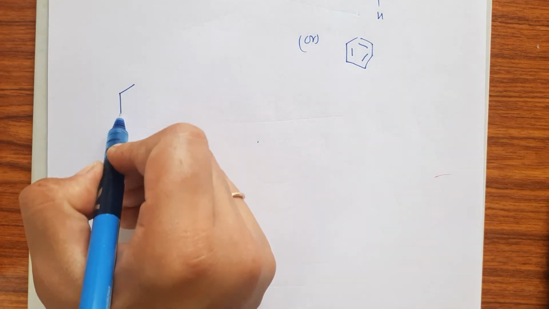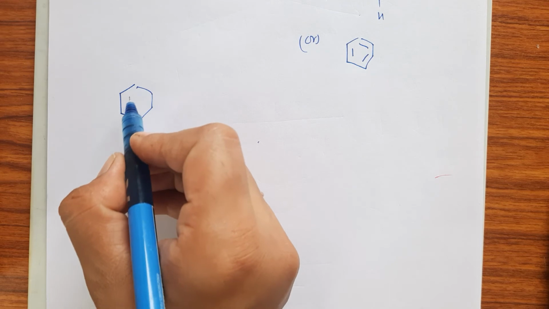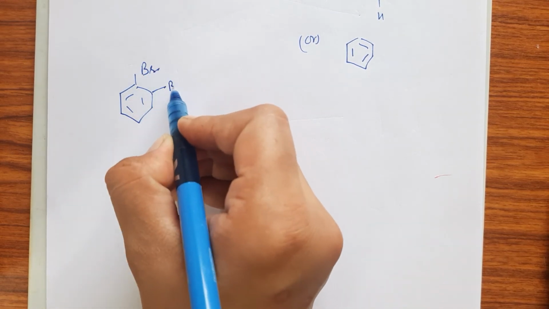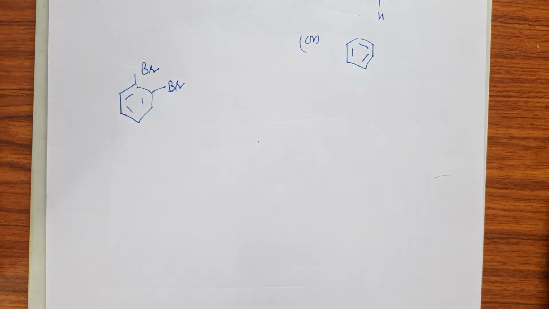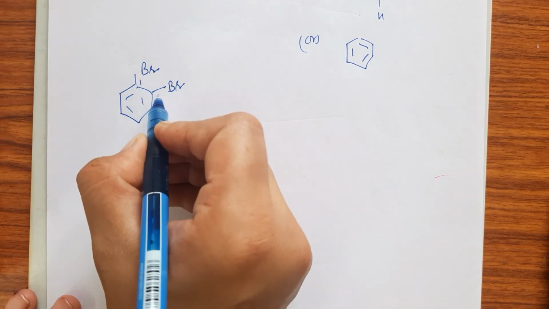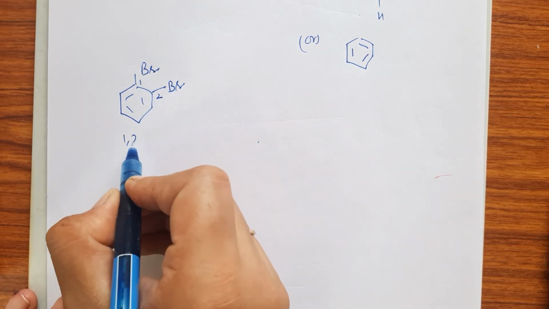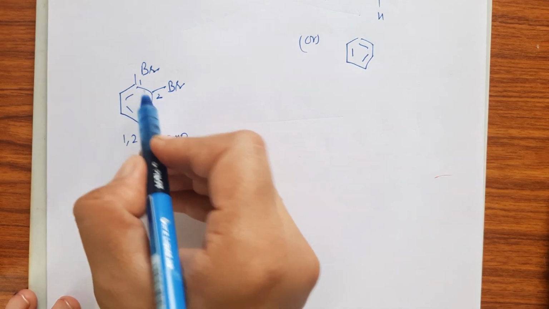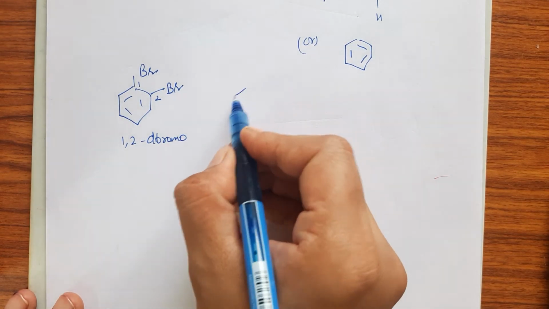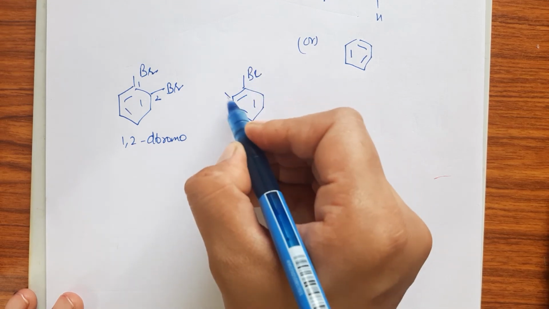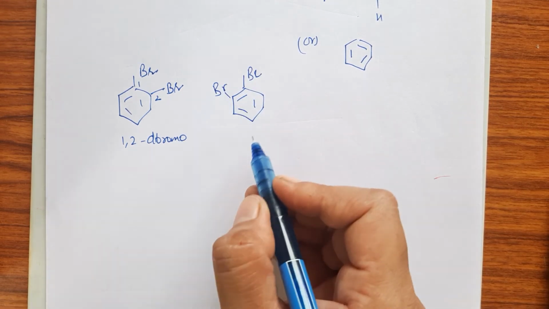However, if we want to draw, he suggests that when we react with bromine, there should be formation of this one, which is 1,2-dibromo, in which it is attached across the single bond, and the other form is this one, in which it is attached across the double bond.